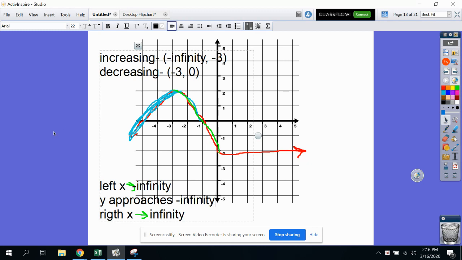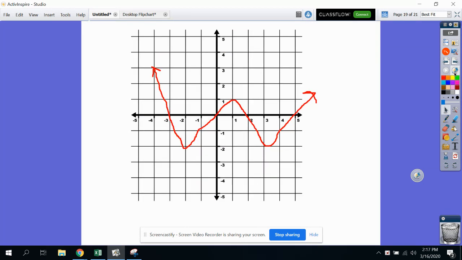As this is going to the left, this is going down. If it was going up, then as you approach negative infinity, you'd be approaching positive infinity. Now on the right, as x approaches infinity, this line just stays right there, and that y value there is 2. So as x approaches infinity, y approaches 2. Boom. That's it.